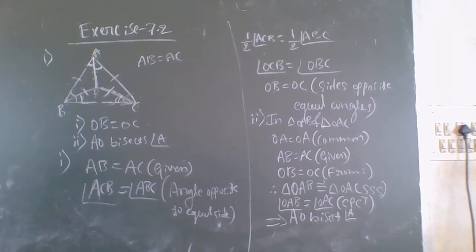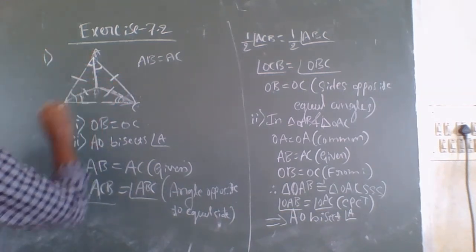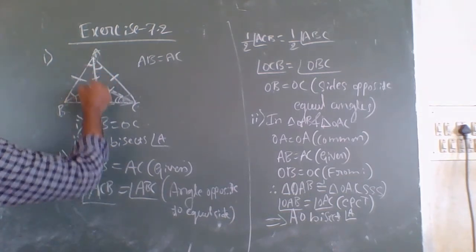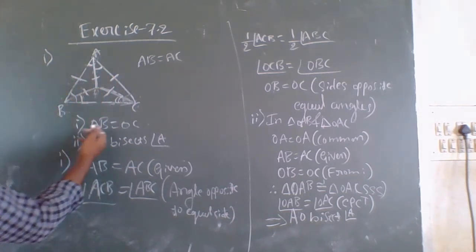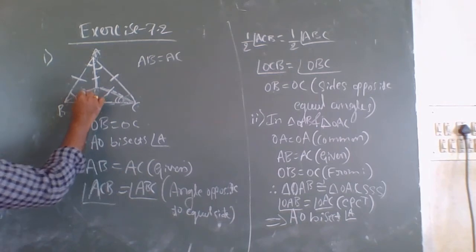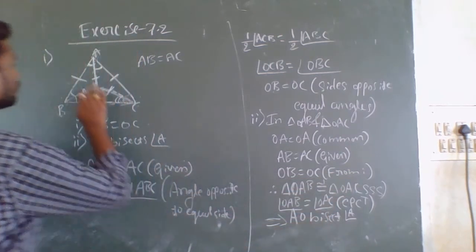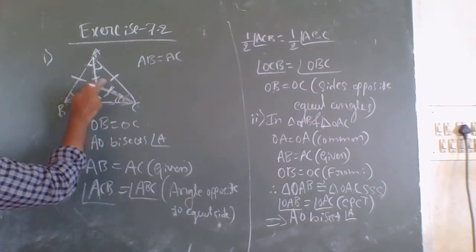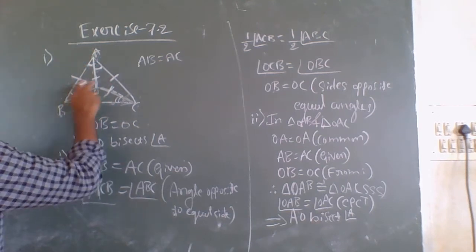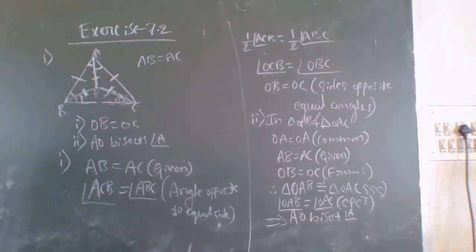Here again, to prove AO bisects angle A, what we did, we considered triangle OAB and OAC. Here they have given AB is equal to AC and OA is common in both the triangles, and in the first one we proved OB is equal to OC. Therefore, from SSS, these two triangles are congruent to each other.